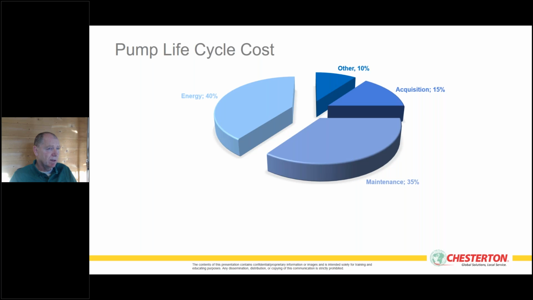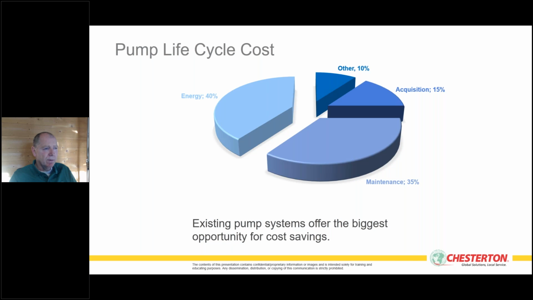When customers have been surveyed as to their number one priority when choosing a pump, it tends to be the acquisition cost or the brand name or something else, but the energy cost is typically well down the list of priorities. So we need to maybe educate industry in some of the opportunities, some of the savings that we can offer.